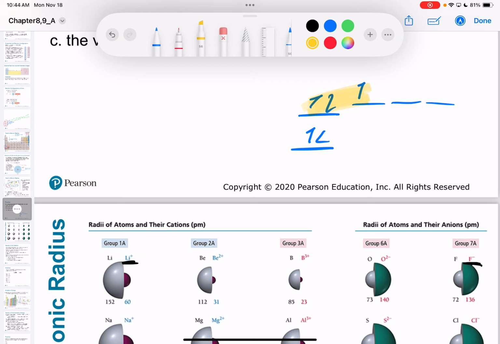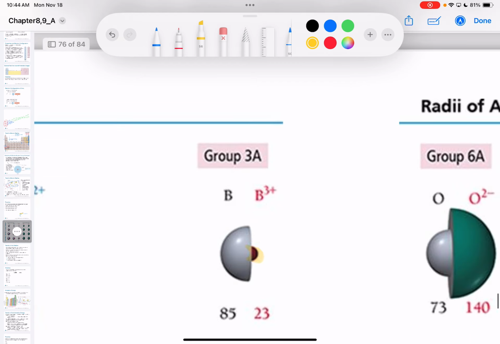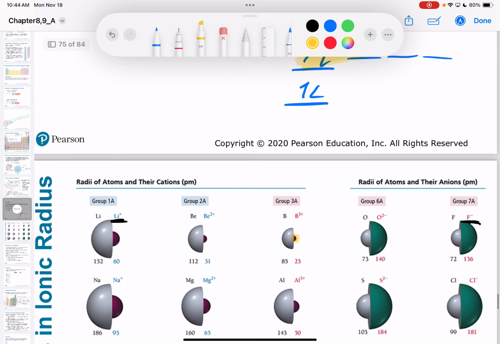So it loses these 3 electrons, and the resulting ion, this little guy down there, is much smaller than its original atom was. Okay, so that's why we have this list: shell, number of protons, electron repulsion, which we still haven't gotten to. We're almost there. So we compare the shell, and that's how we know that B3 plus is much smaller, because it lost an entire shell compared to its original atom.